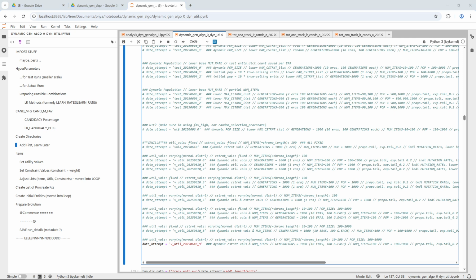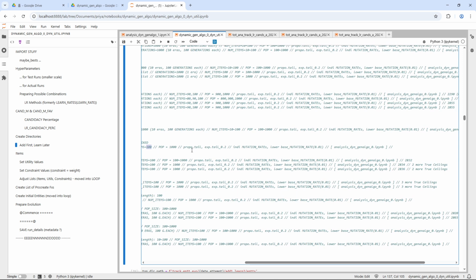And when I do this for 1000 generations, so that's one era, for 100 items, number of items, and for 1000 entities in that population, with all this learn rate and candidate method implemented, with lower individual mutation rates using lower base mutation rate.